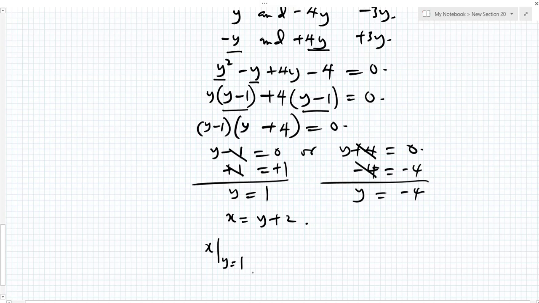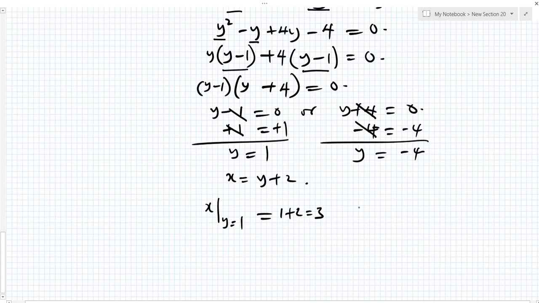For y equal to 1, x will be equal to 1 plus 2, which is 3. For y equal to minus 4, x will be equal to minus 4 plus 2, which is equal to minus 2.